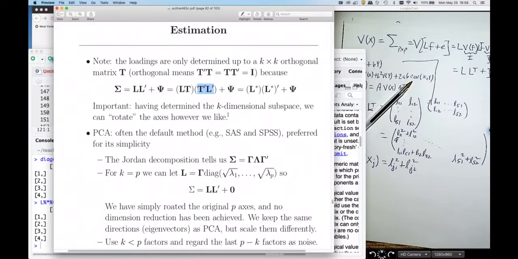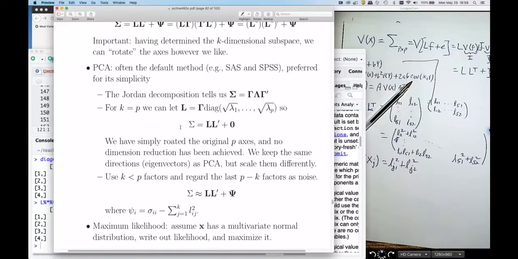So we'll fix the subspace and then rotate it however we like, and there's lots of ways that we can do this. As you noticed in my previous video, we talked about even using non-orthogonal bases to parameterize that subspace. Well, how do we actually find the subspace?